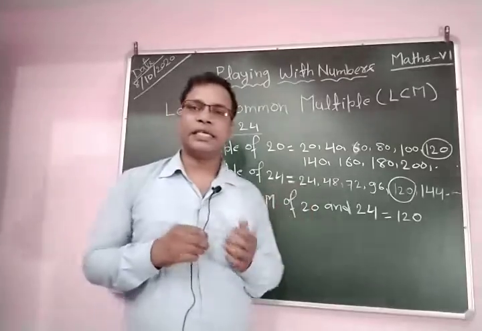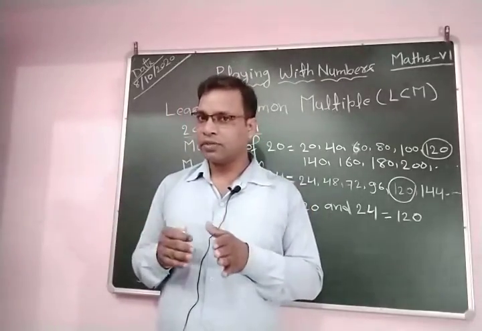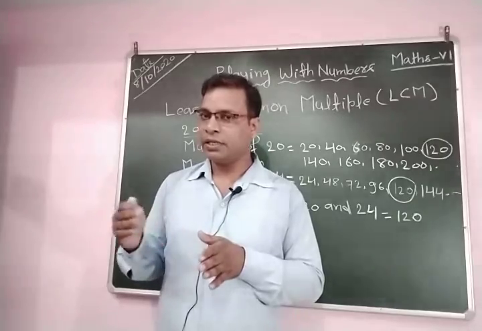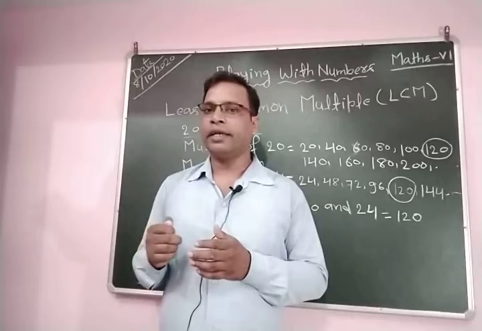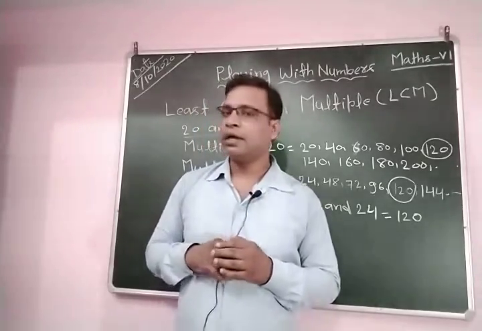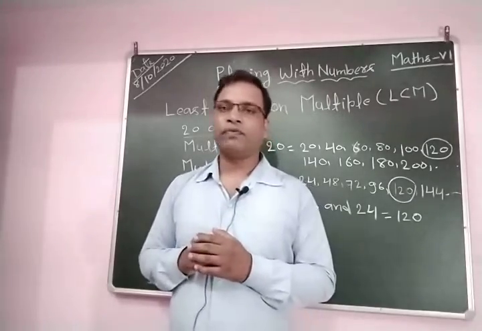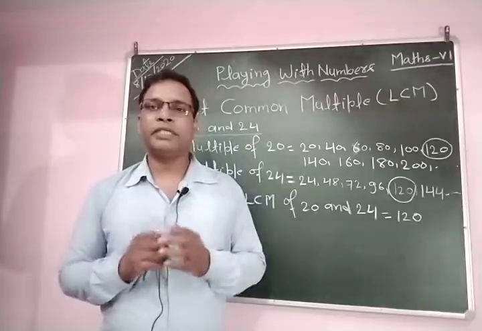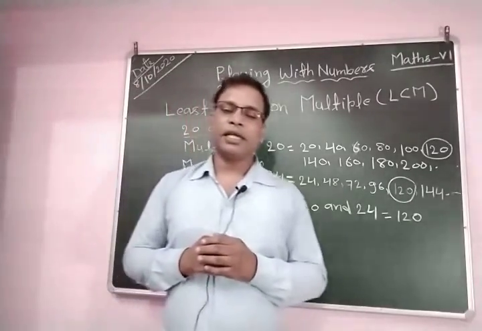If you take numbers like 39, 42, 45 and 54, you face difficulty writing their multiples. So for this we use two methods to find their LCMs. The first method is prime factorization, and the second method is the division method.